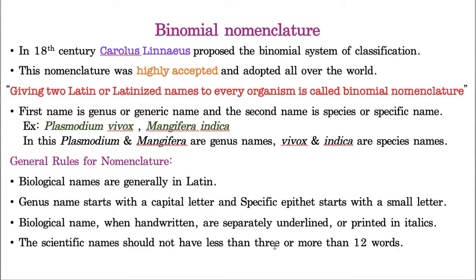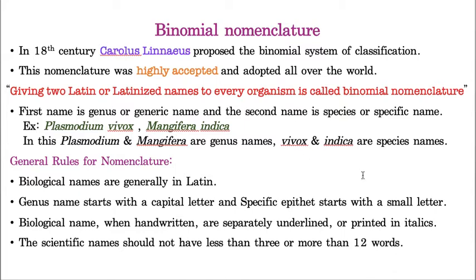It may be 6 or 7 or 10 or 11, but it should not exceed 12 alphabets, and it should not come down below 3. Hope you understand. So these are the rules used to give binomial nomenclature. And as I already clearly told, binomial nomenclature was proposed by Carolus Linnaeus.